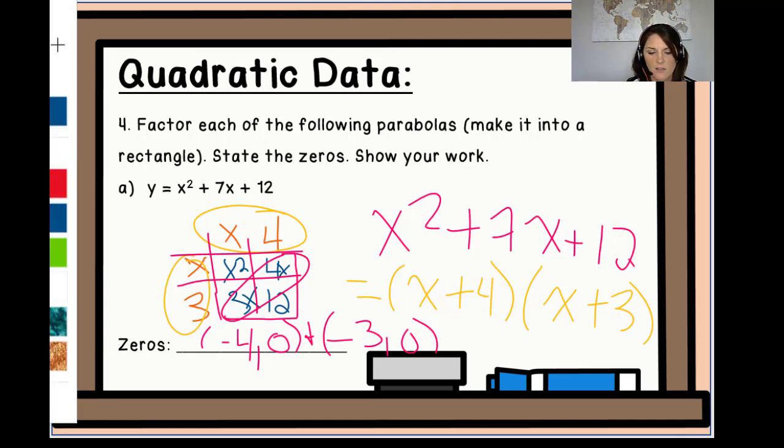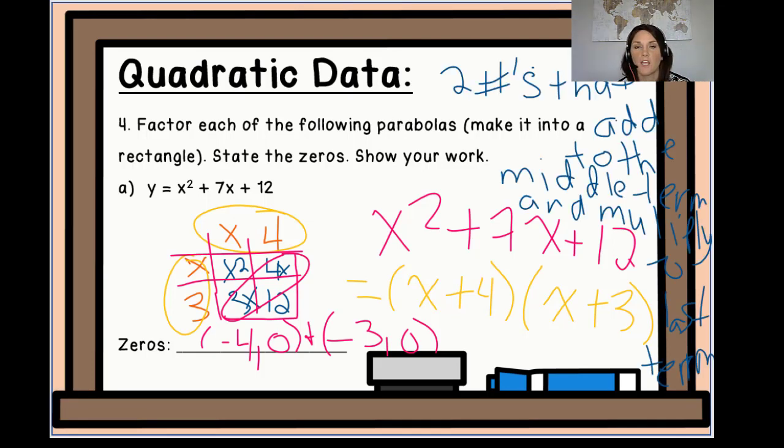So I'm just going to make a little side note here. We're trying to find two numbers that add to the middle term and multiply to give us the last term. Okay, let's look at another example.